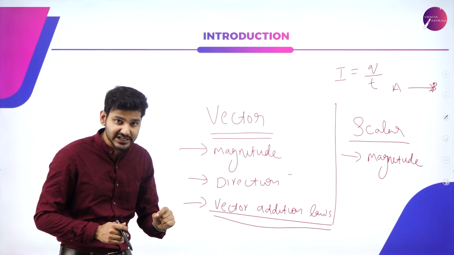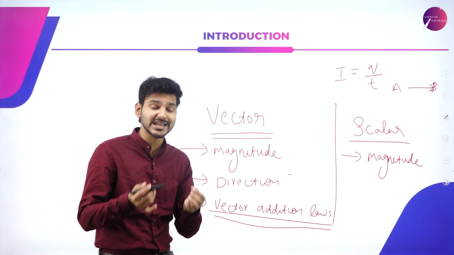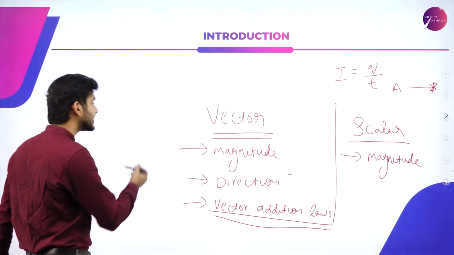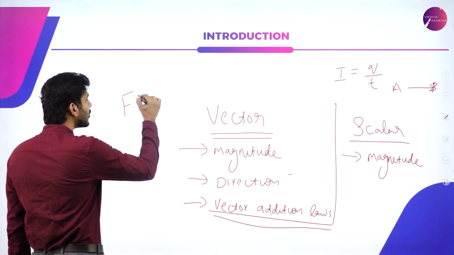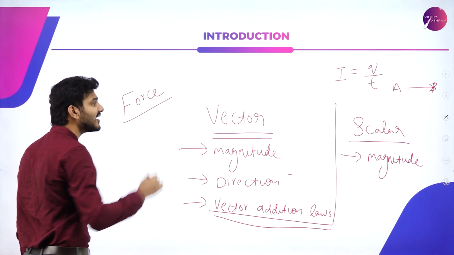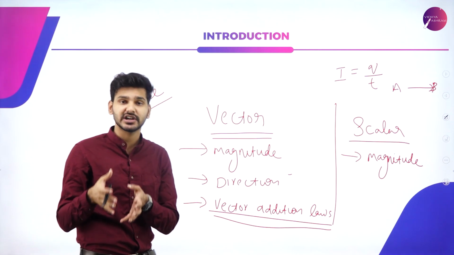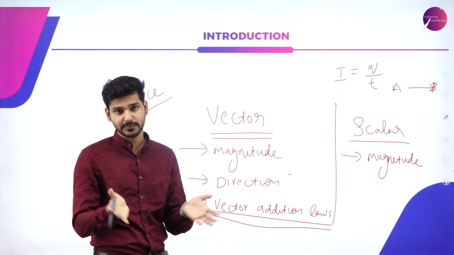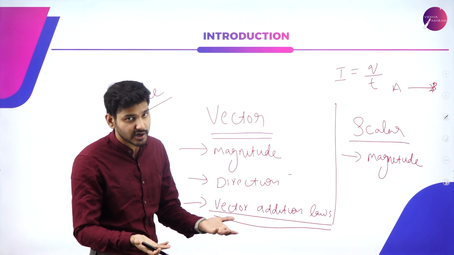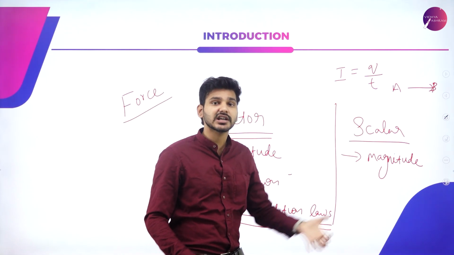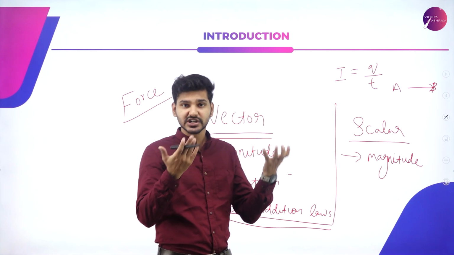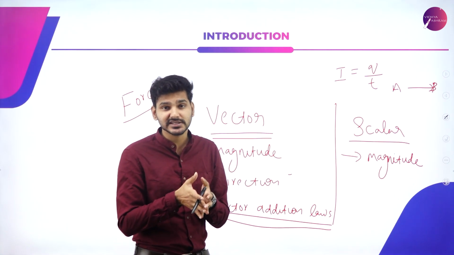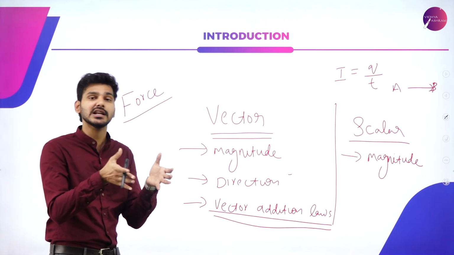So in order for a quantity to be termed a vector quantity, it should follow the law of vector addition. Quantities such as force, momentum, acceleration, everything follows the law of vector addition, or they will be added up vectorially in a given plane. But certain other quantities such as electric current, work, temperature, pressure are not added up vectorially, which means that they are actually scalar quantities.